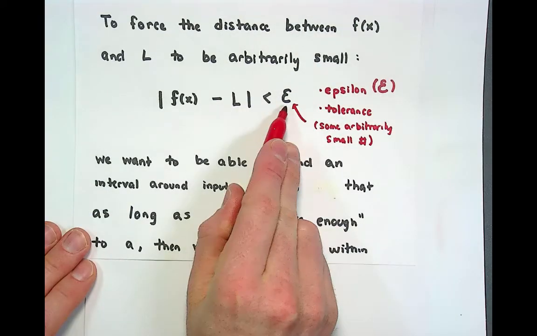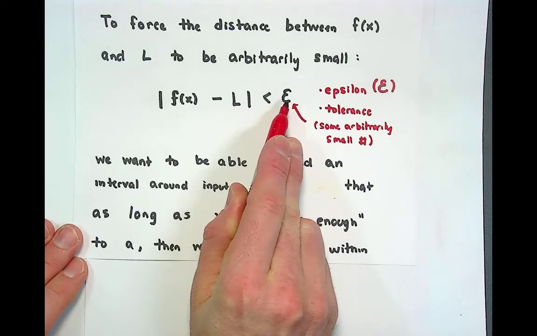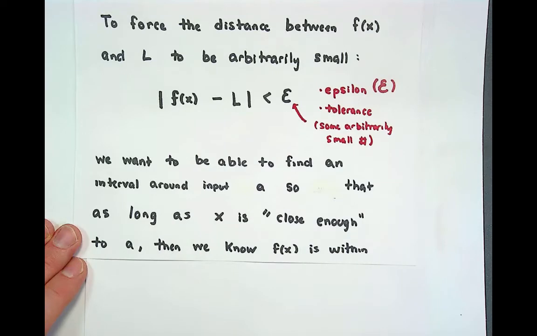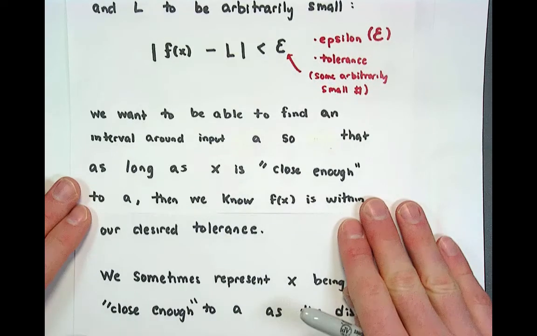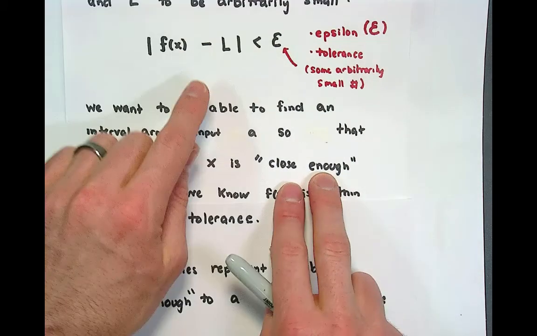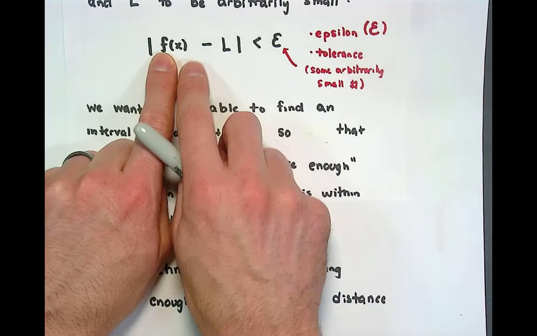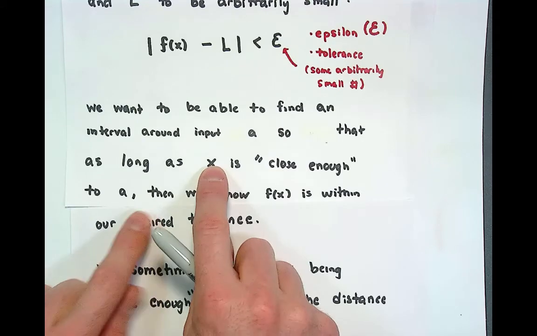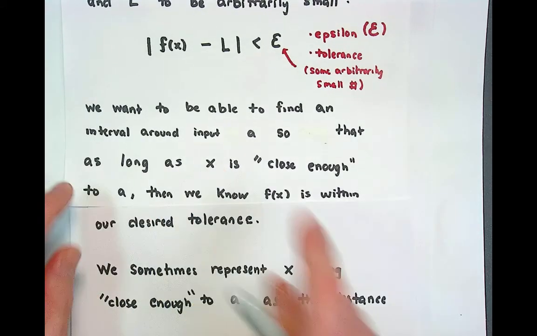So the concept is if I can choose any small number, no matter what it is, and I can always get this distance bounded by choosing x appropriately close to a, then I know that I can say, well, indeed, f of x goes to L. And remember, the whole idea of getting f of x really, really close to L depends on letting the x value get really, really close to a.